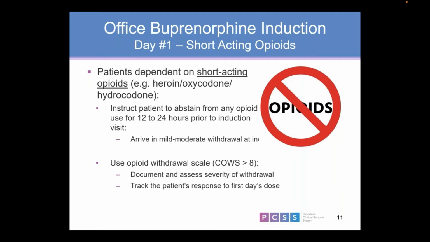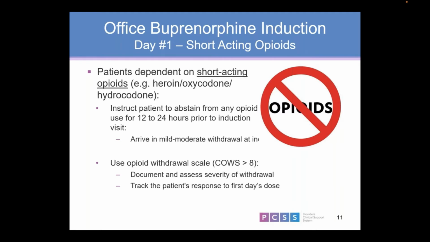I will tell you that because you can reach an 8 just by a patient subjectively telling you that they've got signs of withdrawal, I typically will even try to see that they're at around an 11, allowing you to see some objective signs before you actually start the medication.